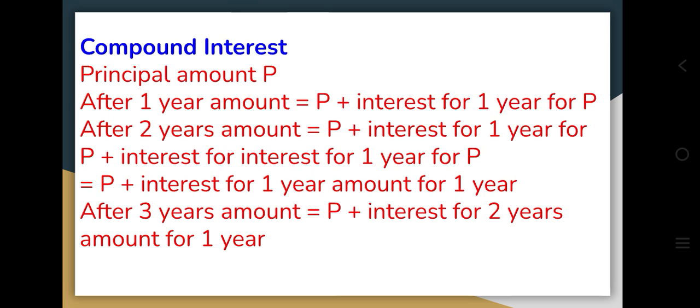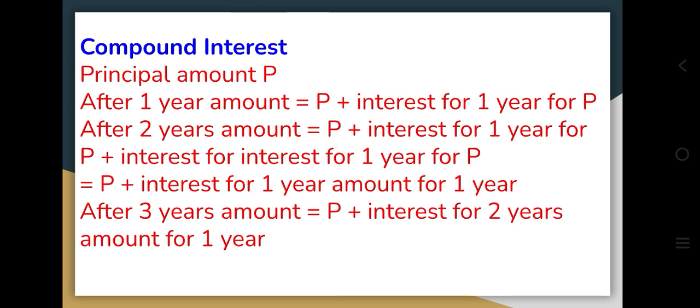So after 1 year, the principal amount P becomes P plus interest for 1 year for the amount P. So there is no difference between simple interest and compound interest after 1 year. But after 2 years, the principal P is there. We have to calculate the interest for P for 1 year.